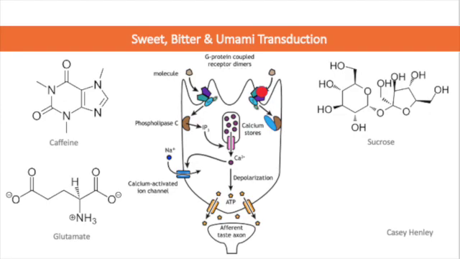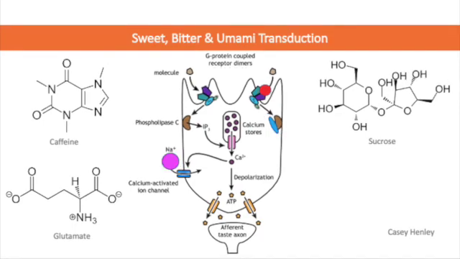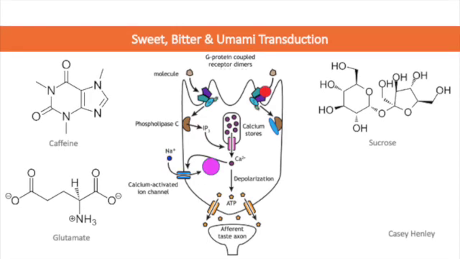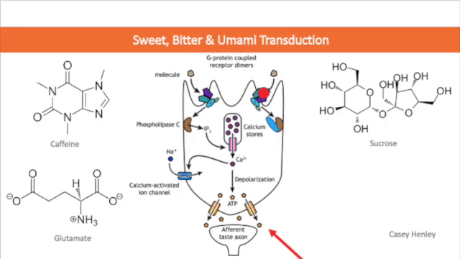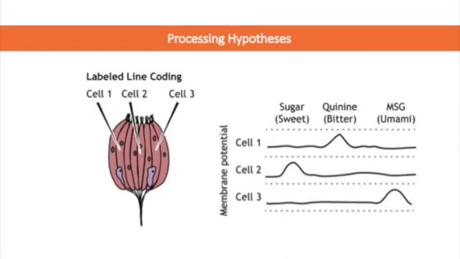This enzyme then catalyzes a series of reactions to open up sodium ion channels, which allow sodium outside the cell to flood in, resulting in another depolarizing graded potential. ATP then flows out of the cell into the synaptic gap to communicate with gustatory afferent neurons. So this is how these chemicals are converted into an electrical signal.